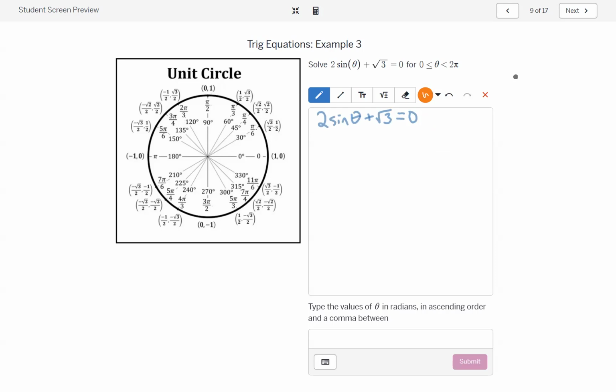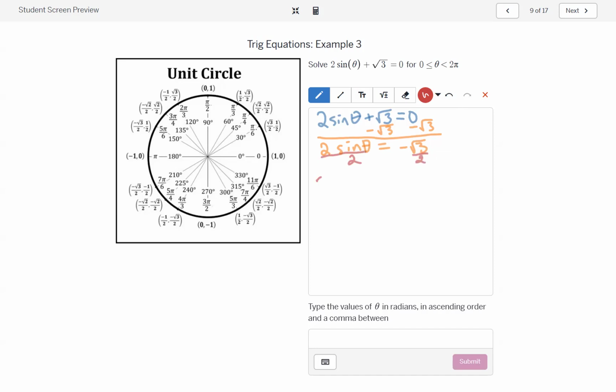Our goal is to try to get theta by itself. Well, theta is attached to sine, so I'm going to get sine theta by itself. There's a 2 being multiplied and a square root of 3 being added. So I'm going to deal with my addition first, subtracting the square root of 3 from both sides of the equation. So I have 2 sine theta equals negative square root of 3. Then I divide by 2.